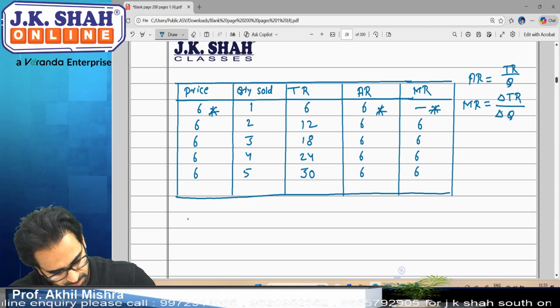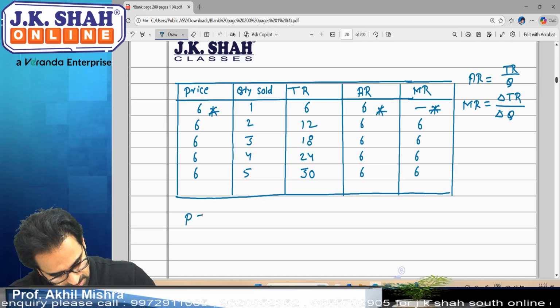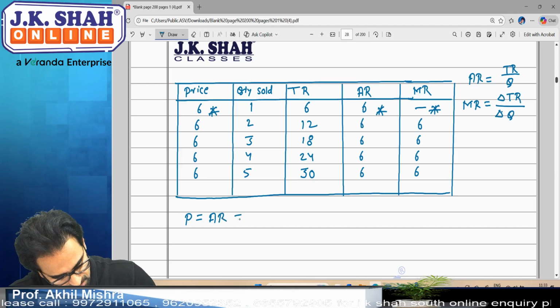So here the price is equal to average revenue is equal to marginal revenue.